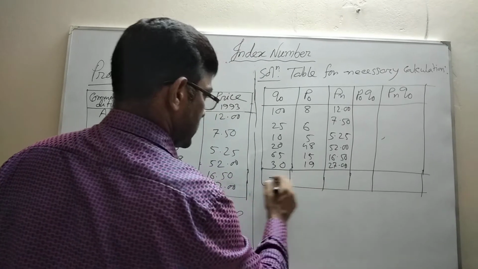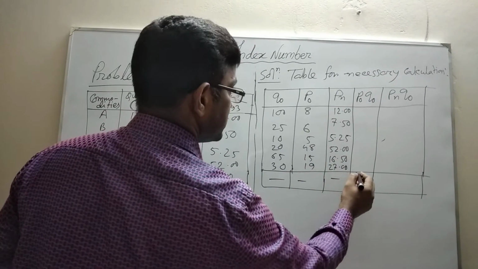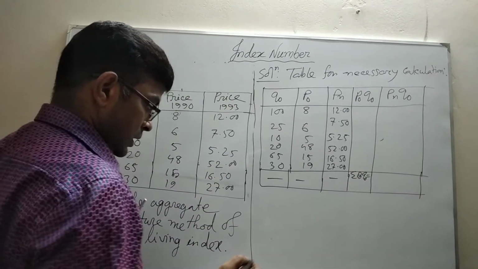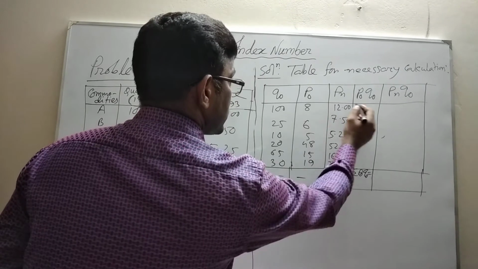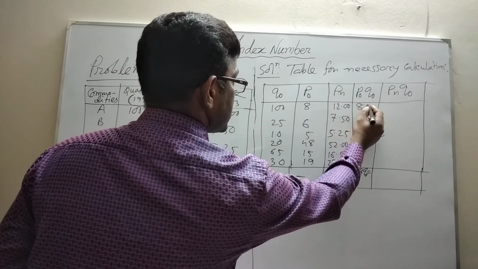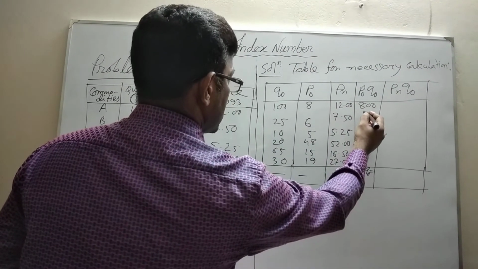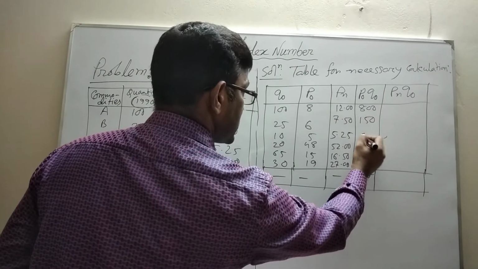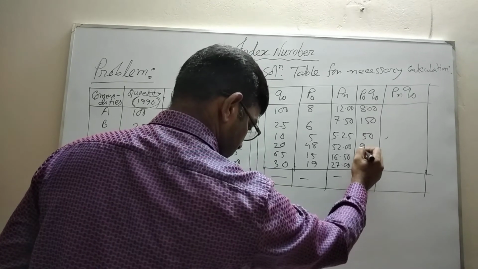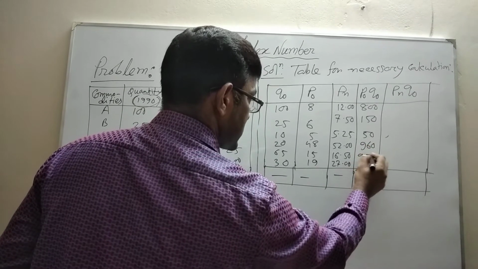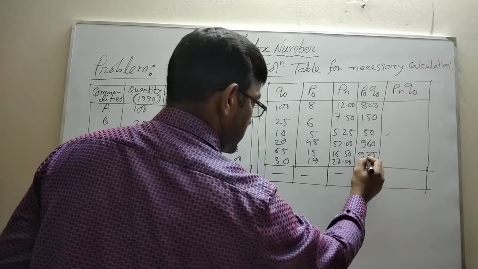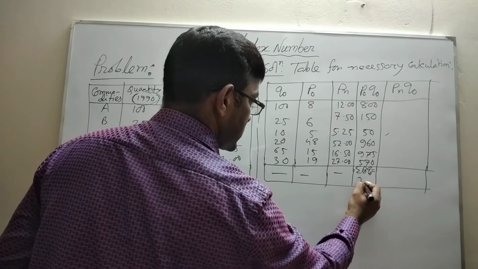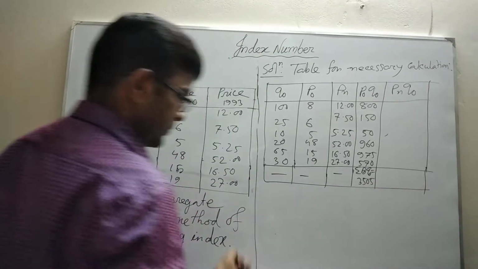Then the sum total of summation PoQo: 800, 150, 50, 960, 975, 570. The total value is 3505.